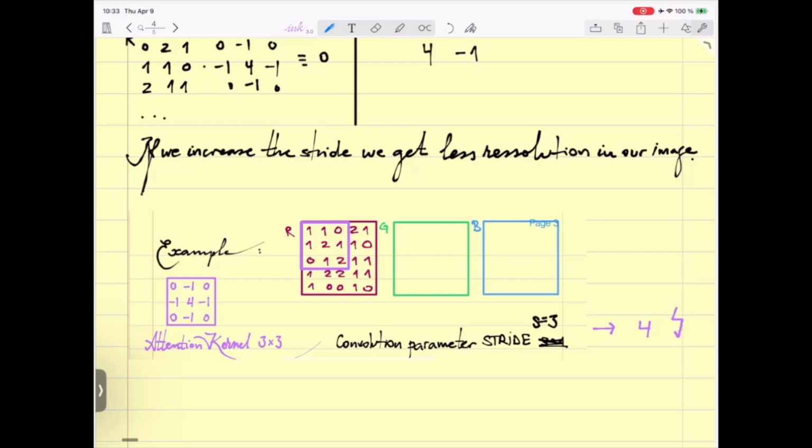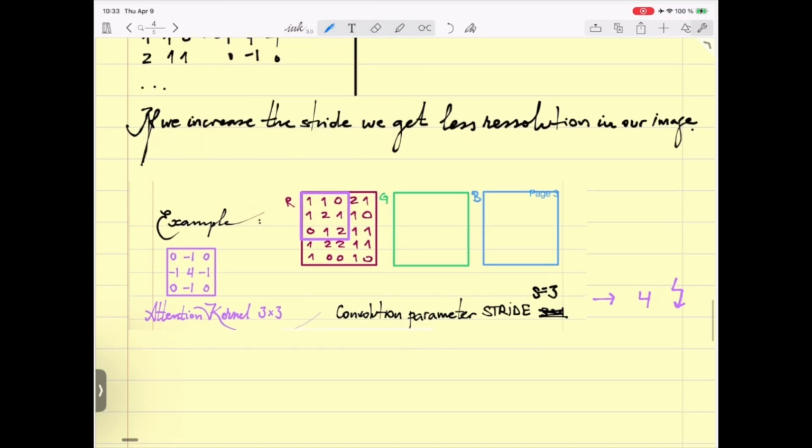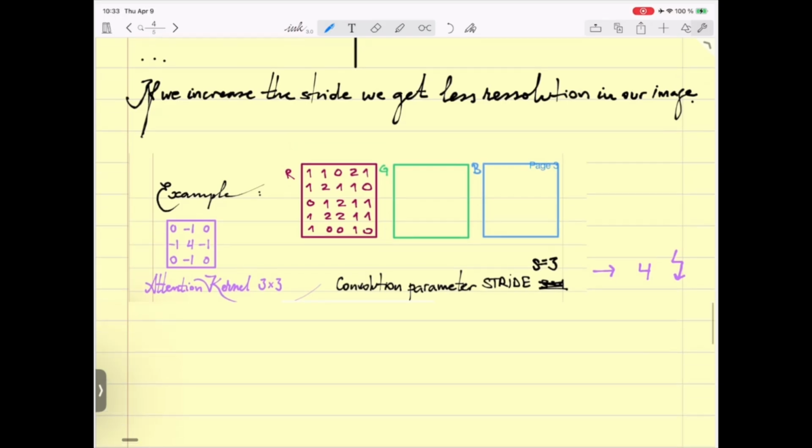So what you can do, Sami, the solution that has been found to do this is called padding. Sami, are you listening? Good. So padding is the solution for your problem now.